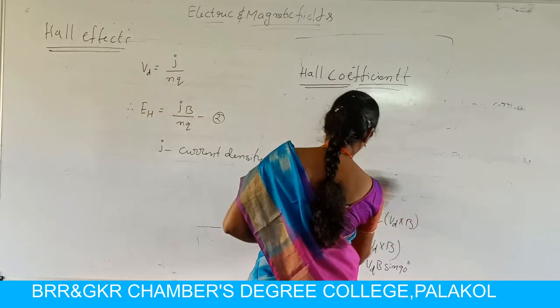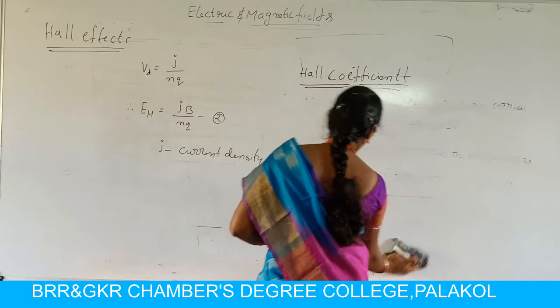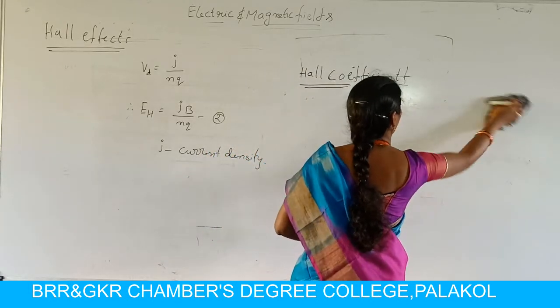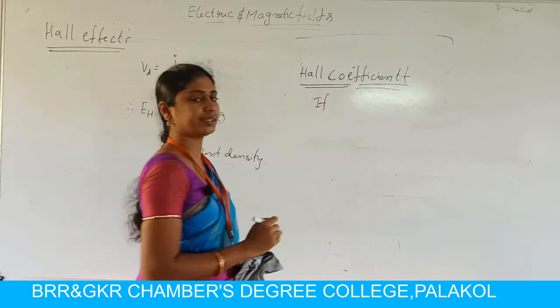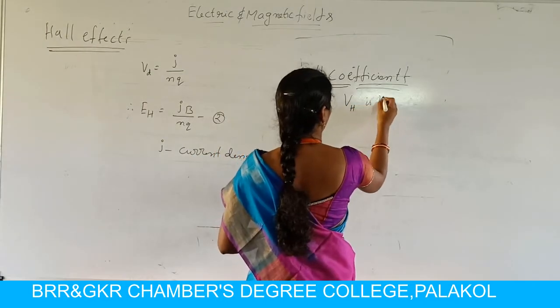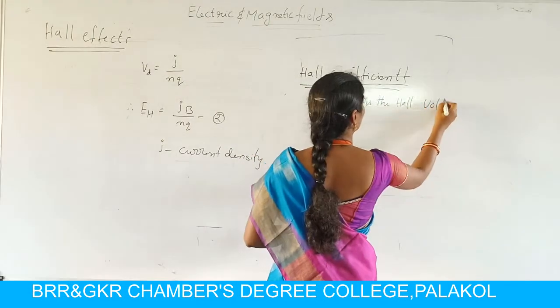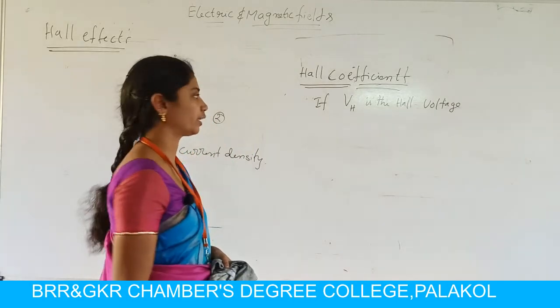Here the Hall created electric field is E_H, and the potential difference created is the Hall voltage, V_H. V_H is the potential difference across the ends of the conductor.